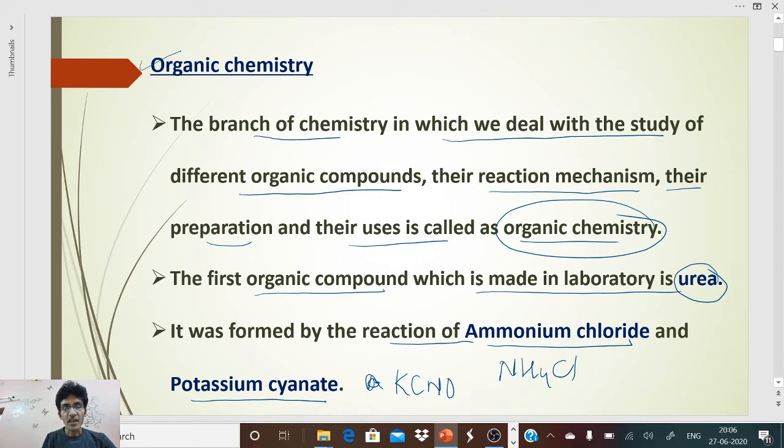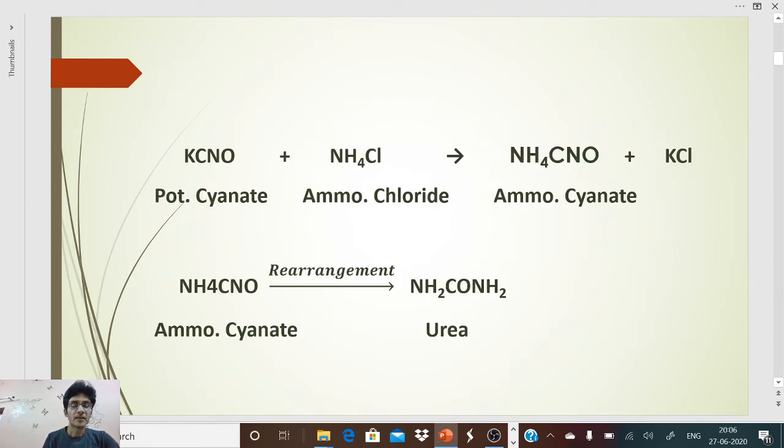Okay. Now we will discuss the reaction by which we form the urea. This is the potassium cyanide, KCNO. This is the ammonium chloride. The potassium has the positive charge, CNO has the negative charge. CNO means cyanide group, ammonium has a plus charge, Cl has a minus charge.